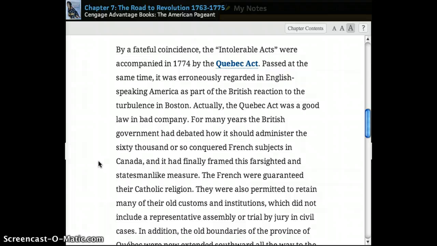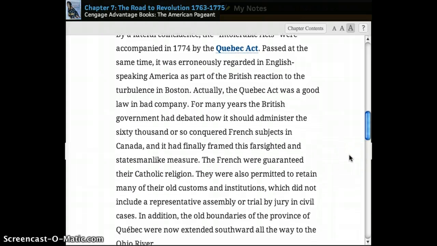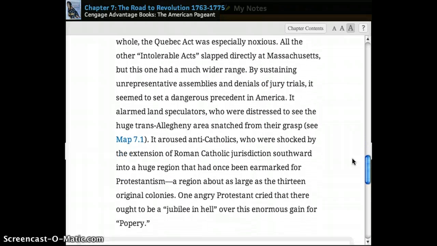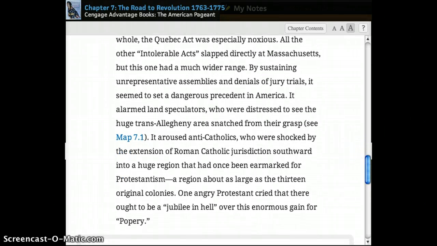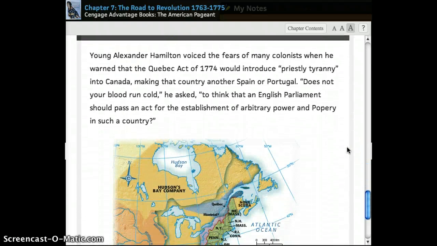So from the colonial point of view, they're putting one plus one together here. Yes, we have the Intolerable Acts, and we have the Quebec Act. It looks like the British are beginning to set up an alternative government in British Canada. So the Intolerable Acts push the colonists further and further into this idea of open rebellion.